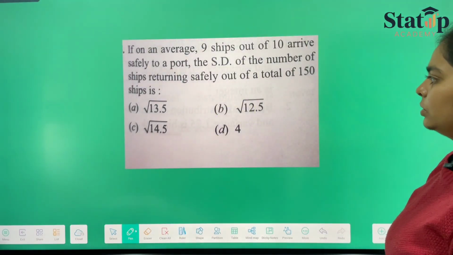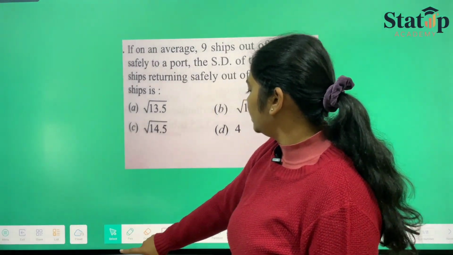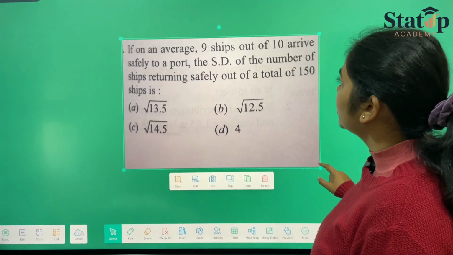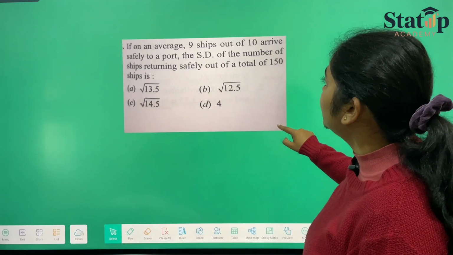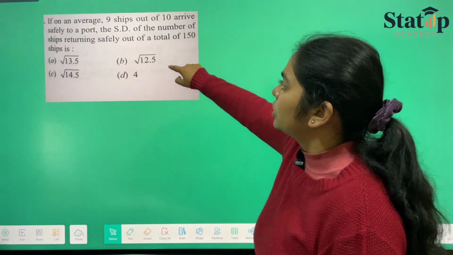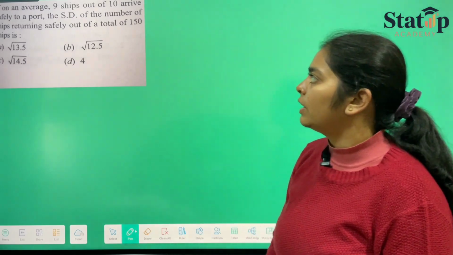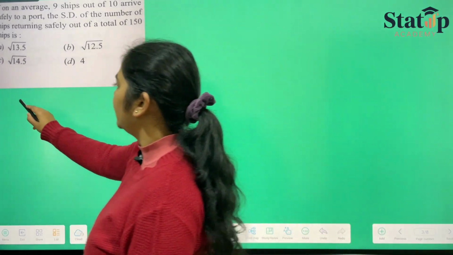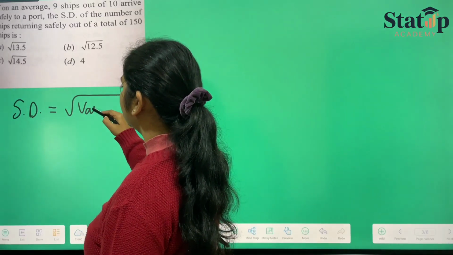Now moving forward to another question. Here they have asked us to calculate the standard deviation. Means first of all we have to find the variance, and then we'll under root it to find the standard deviation. Standard deviation is nothing but under root of variance.